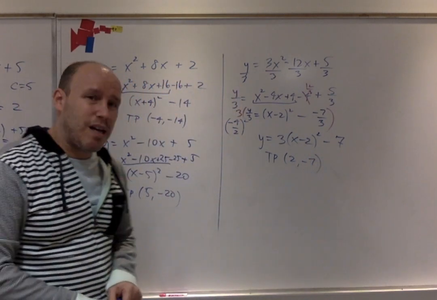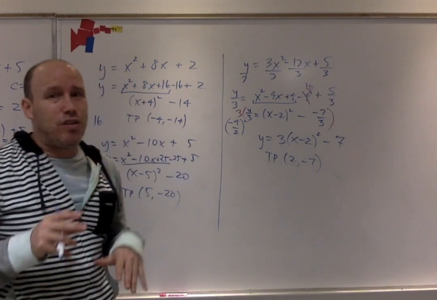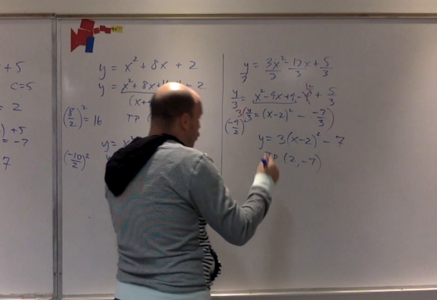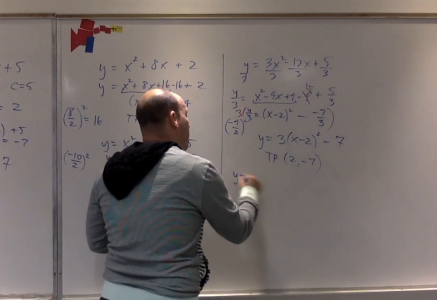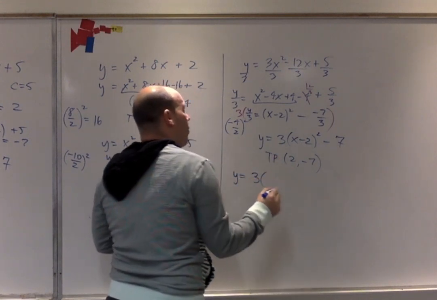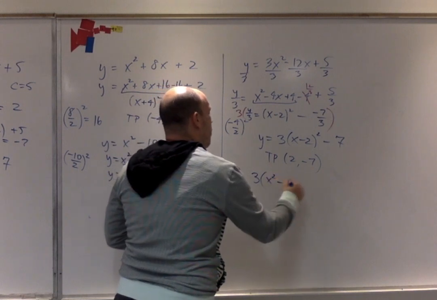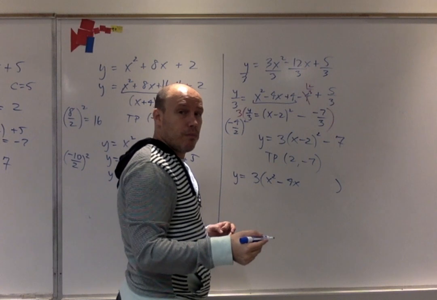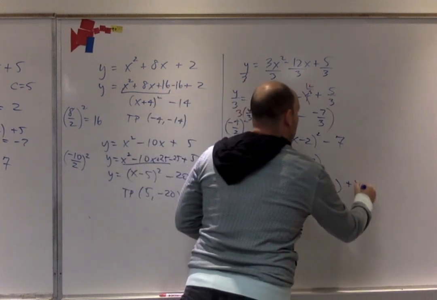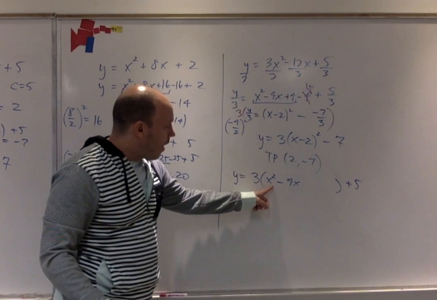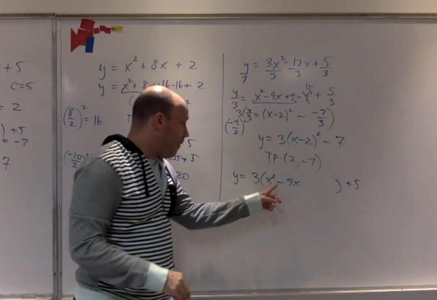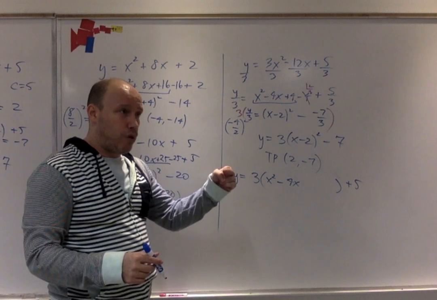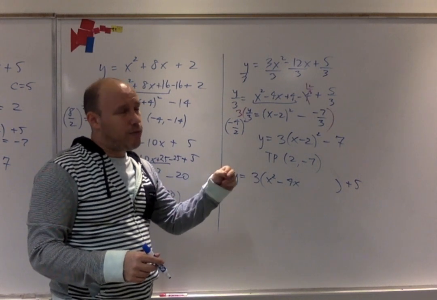Another way we could use, once again, this is really advanced. I wouldn't even teach this to my 10s, my SLs, maybe my HL, but watch. Another way is y equals 3, open parentheses, x squared minus 4x, leave a big bracket over here, and put the 5 on the outside. Once again, I factored out a 3 here. Well, I have my x squared minus 4x. I know negative 4 divided by 2 is negative 2.